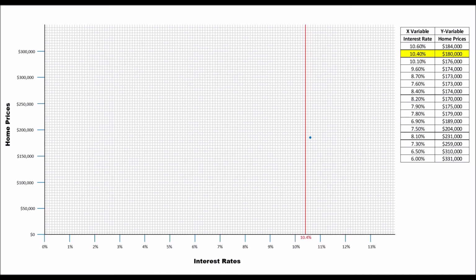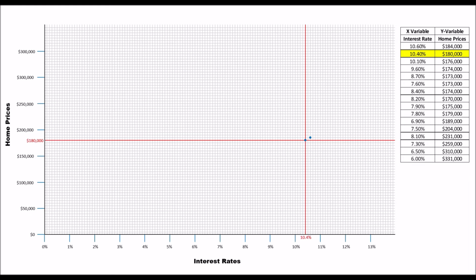The corresponding home price is 180,000, so we locate 180,000 and draw a horizontal line. Where these vertical and horizontal lines intersect, that's where the interest rate is 10.4 and the home price is 180,000. So we'll put a blue dot over there.